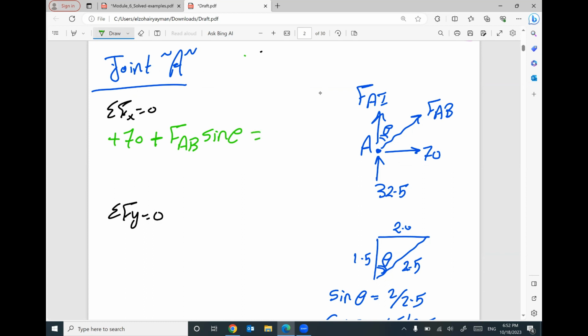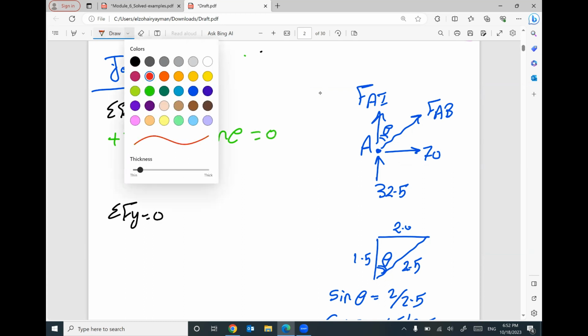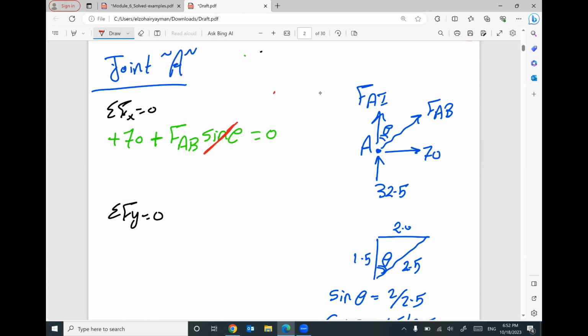Keep in mind, sine theta equals 2 divided by 2.5. The only unknown is FAB. It will be a negative value: 70 divided by 2 divided by 2.5. I got 87.5. Looks good.